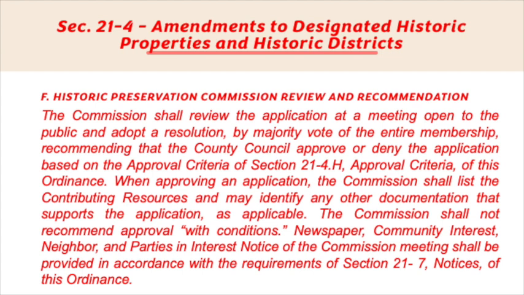When approving an application, the Commission shall list the contributing resources and may identify any other documentation that supports the application as applicable. The Commission shall not recommend approval with conditions. Newspaper, community interest, neighbor, and parties in interest notice of the Commission meeting shall be provided in accordance with the requirements of Section 21-7 notices of this ordinance.